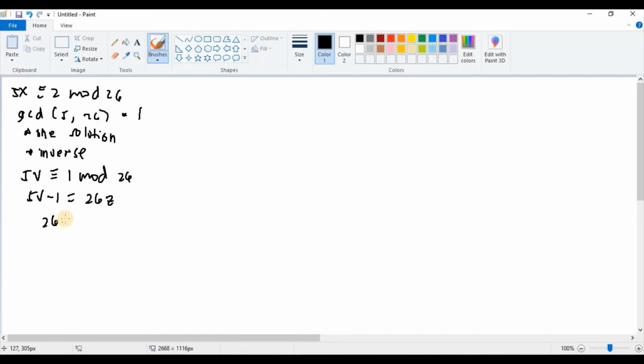So 5V minus 26Z is equal to 1. Then we have the Euclidean algorithm: 26 is equal to 5 times 5 plus 1, and 5 is equal to 4 plus 1.